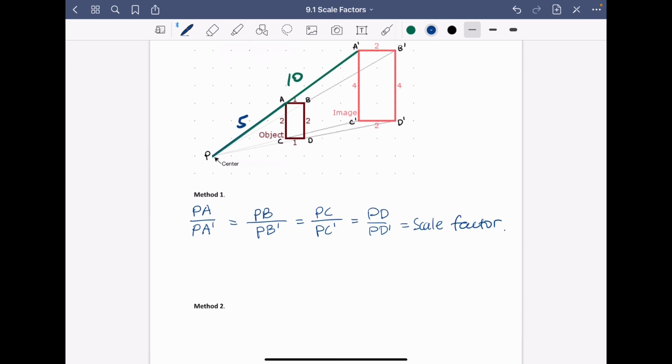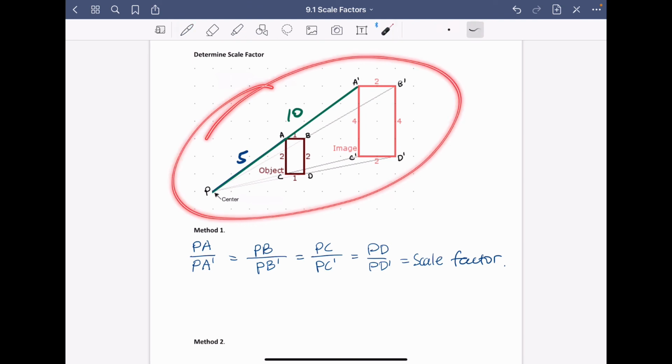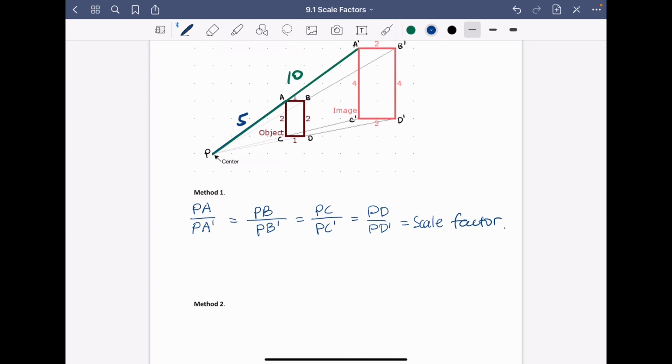Okay, so to find the scale factor for this question, we know PA and PA prime, so it will just be, oops, sorry, it should be image over object.